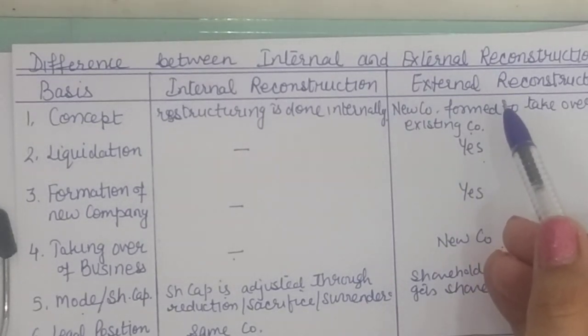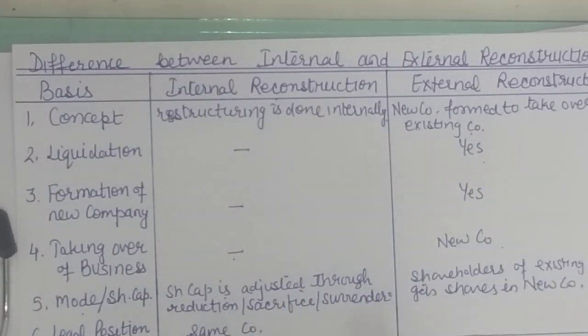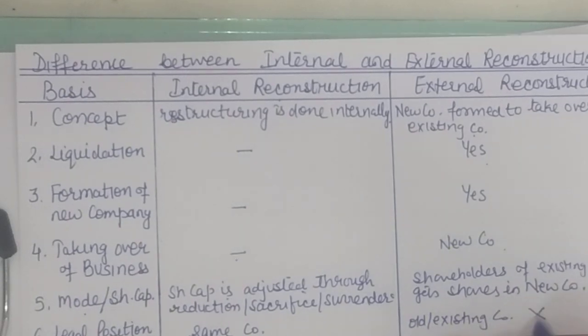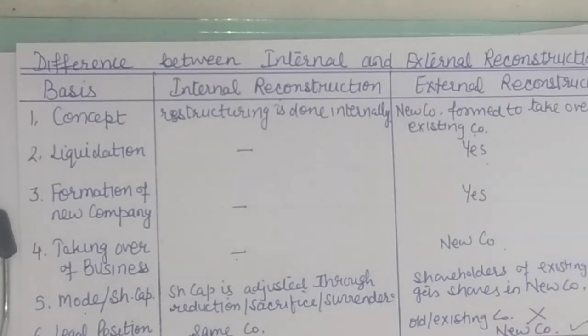Whereas in external reconstruction, the legal position is that the old or existing company goes out and a new company is formed. So, a new company starts with the assets and liabilities of the old existing company. So, this is how we distinguish between internal and external reconstruction.